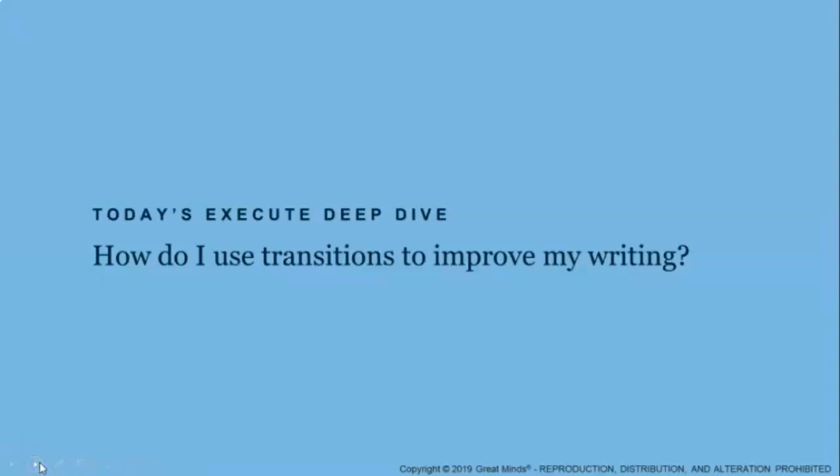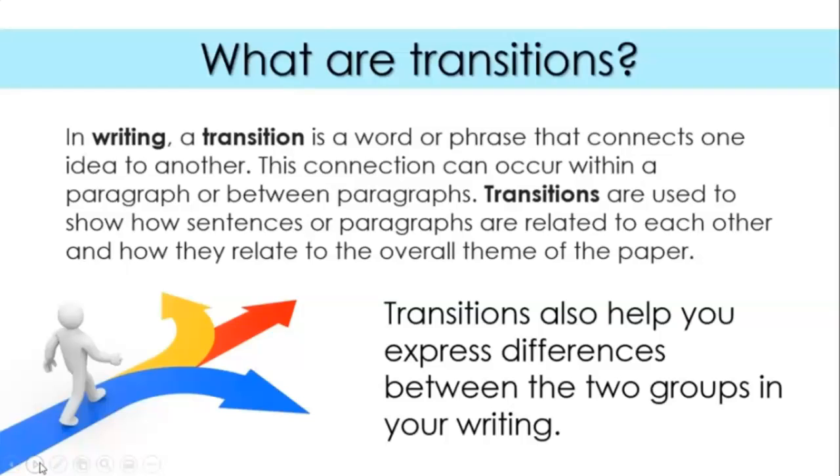Okay, so first, I want to look at the transitions that we talked about. So how do I use transitions to improve my writing? Well, first, what are transitions? So in writing, a transition is a word or phrase that connects one idea to another.